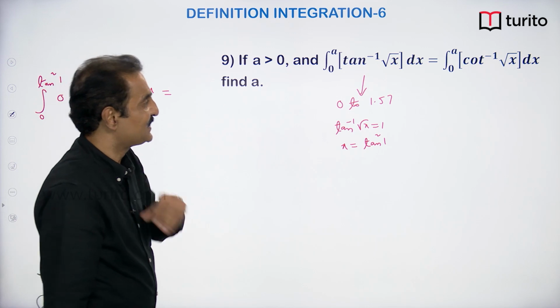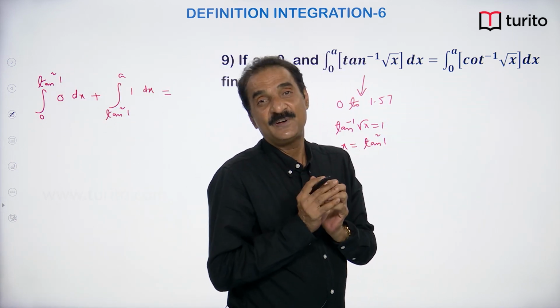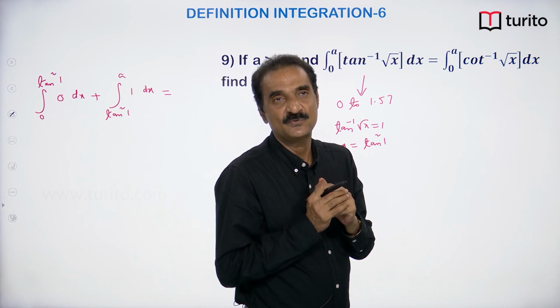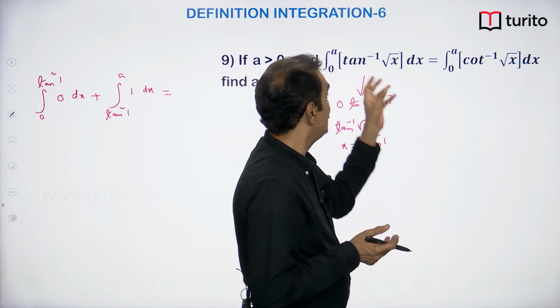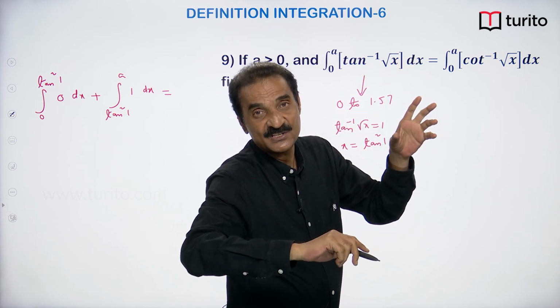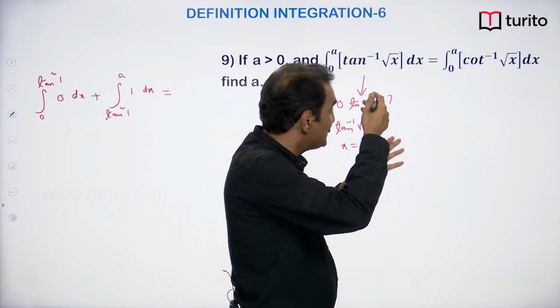Now coming to the RHS. Cot inverse x also lies between 0 and pi by 2 when x is positive, when root x is positive. But the difference is tan inverse root x is an increasing function, cot inverse root x is a decreasing function. So though it lies in the same interval, it is decreasing.